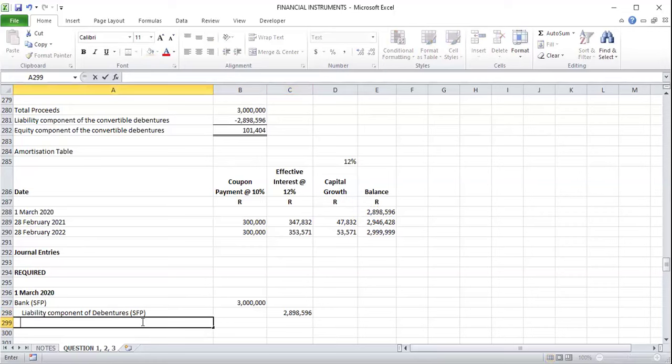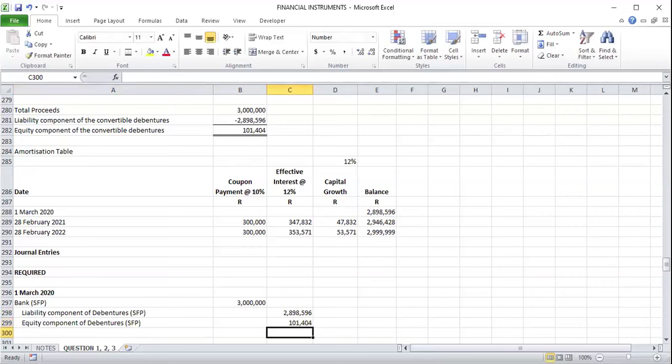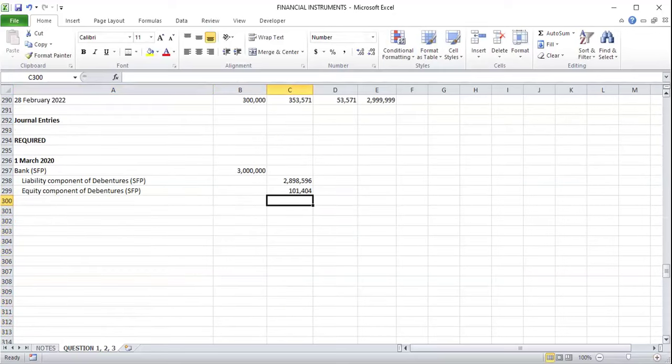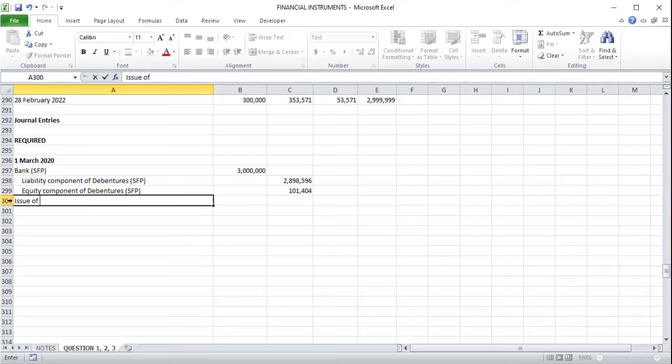Then we'll credit equity component, which is equal to this one here. Right. Issue of convertible debentures.